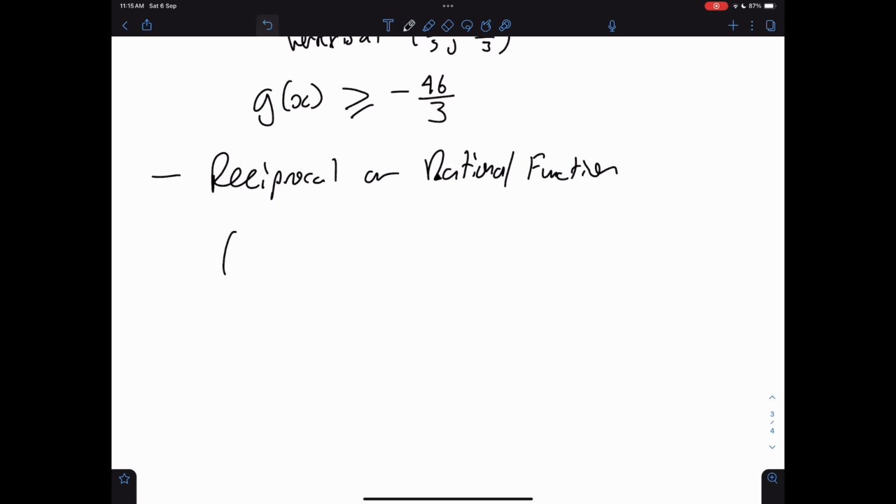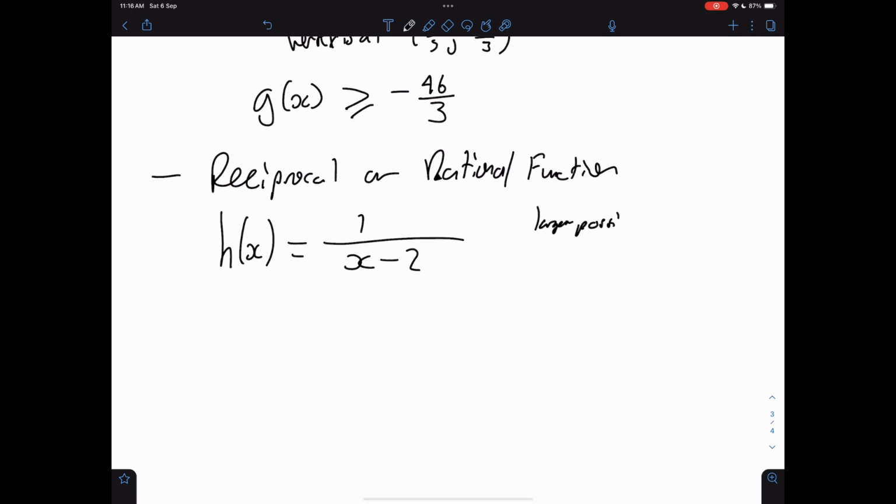So what if we had h of x? Remember, h of x just means y. We consider this. And say a question could be largest possible domain.